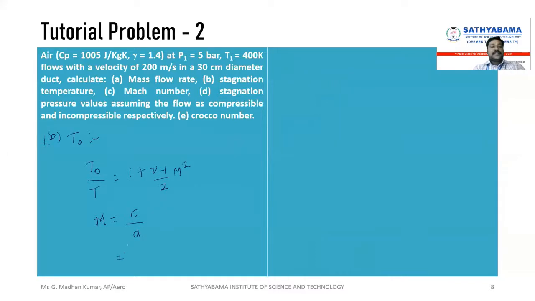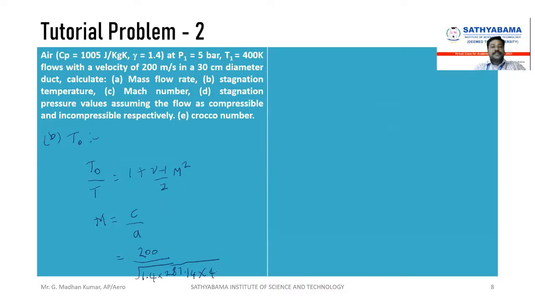So what is your C? C is already given, that was 200 meter per second, and then a is the square root of gamma R T. So gamma is 1.4, and then R is 287.14, multiplied by T. So what is your T?